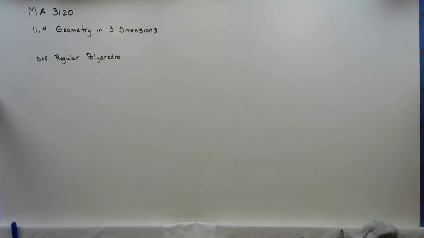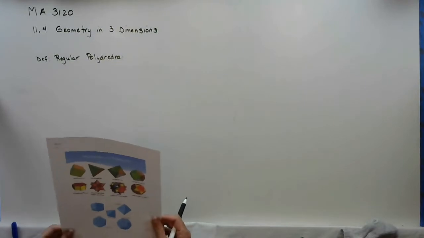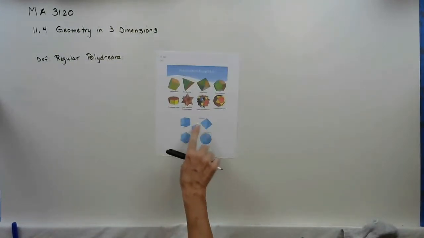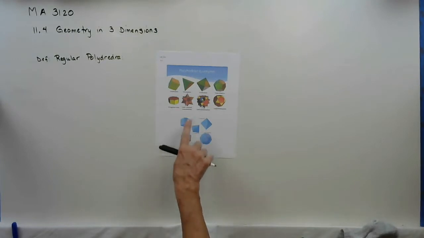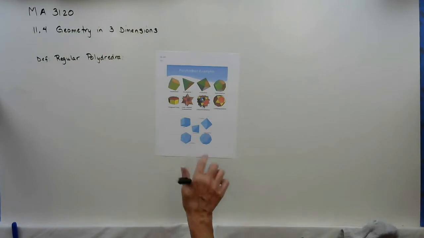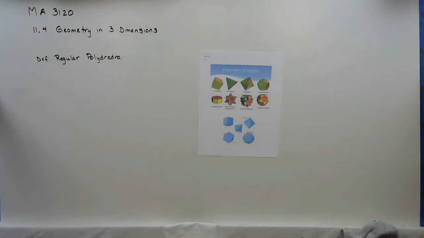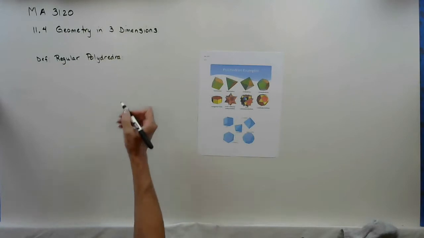Those 5 regular ones are listed on this reference page. I gave you some other ones that are kind of fun, just so you can see. But we only have 5 regular polyhedra. A regular polyhedron is a polyhedron whose faces are regular polygon regions.